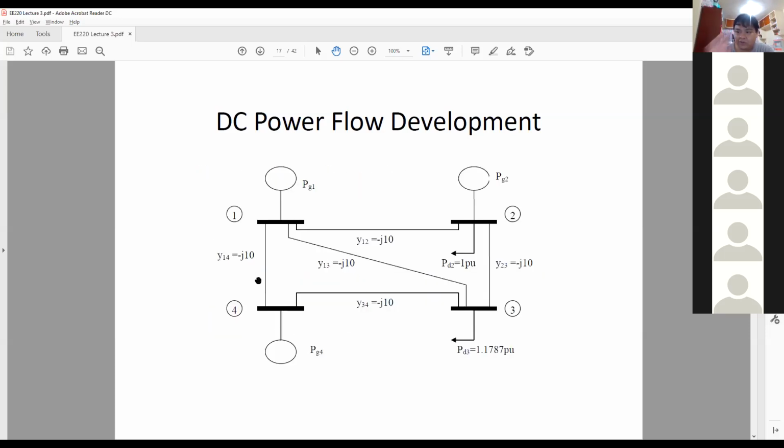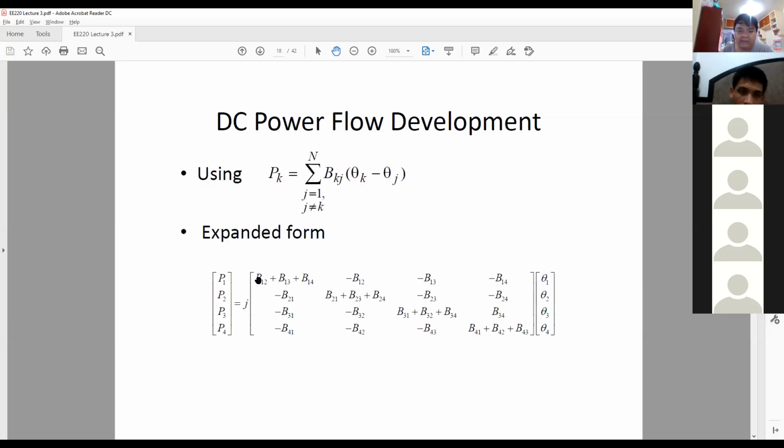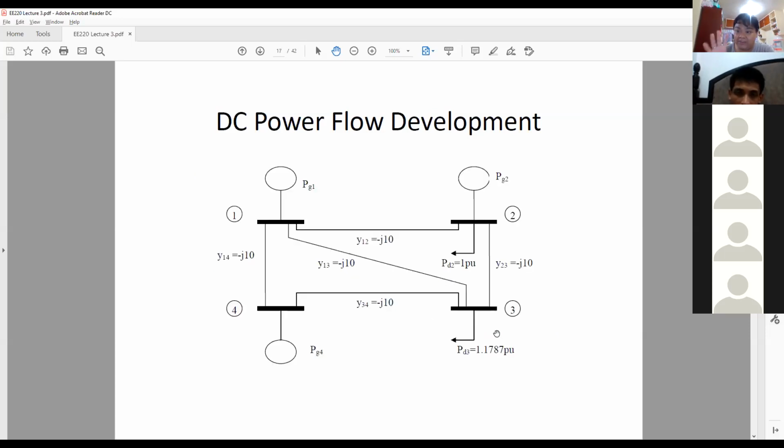Now, sino ba dito familiar sa Y-bus? Meron po. Meron naman. Okay, sige. So, when you're formulating a Y-bus, you have the diagonals here. Ilan ba yung buses natin? 4 dito sa problem na to. We have 4 buses, 3 generators, 2 loads, and 5 transmission lines.